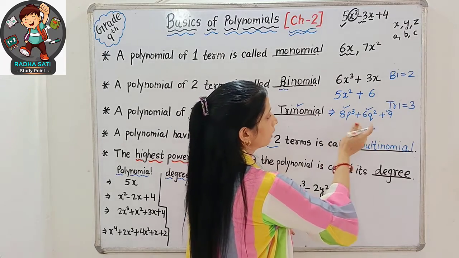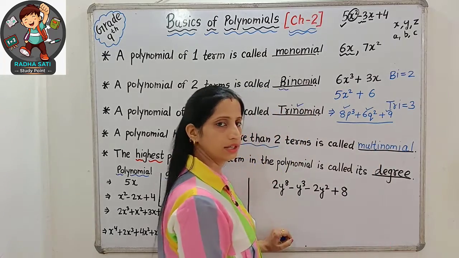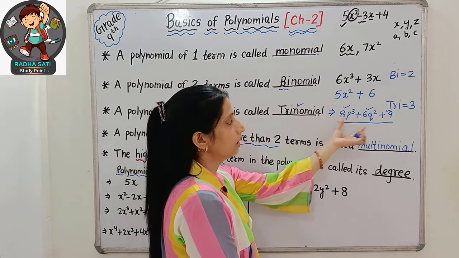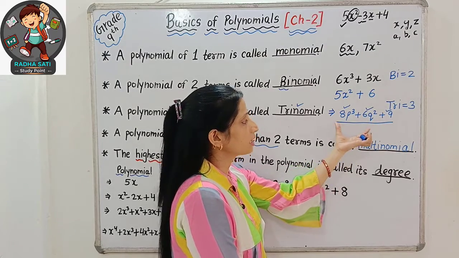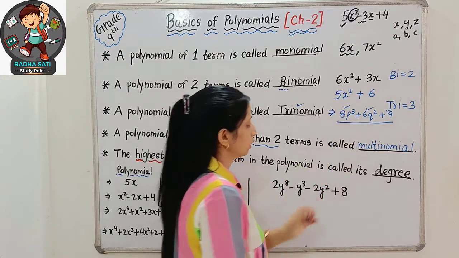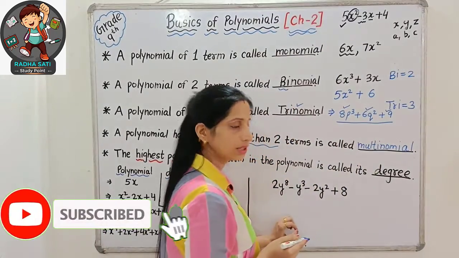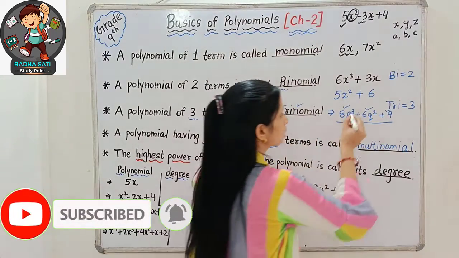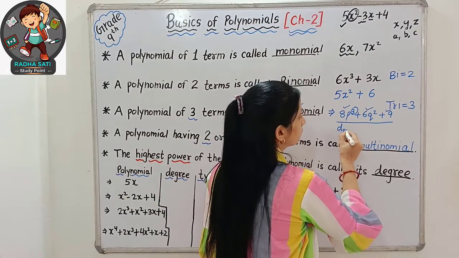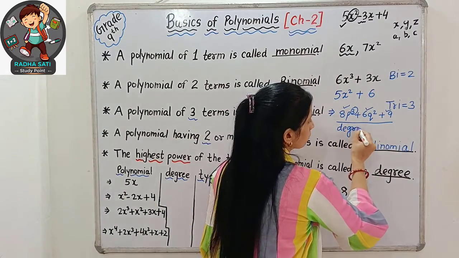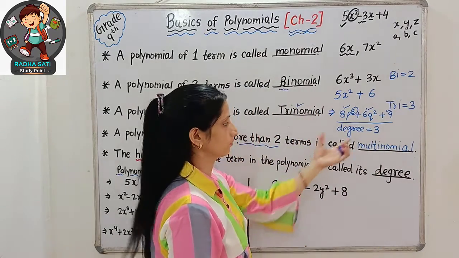For example, if we take this example, there are 3 terms: 8p cube plus 6q square plus 9. So what is the highest power of the term? How many terms? 1, 2, 3. 3 terms. It's a trinomial and the highest power is 3. Hence 3 will be the degree of this. Okay. So the degree of this polynomial will be 3.